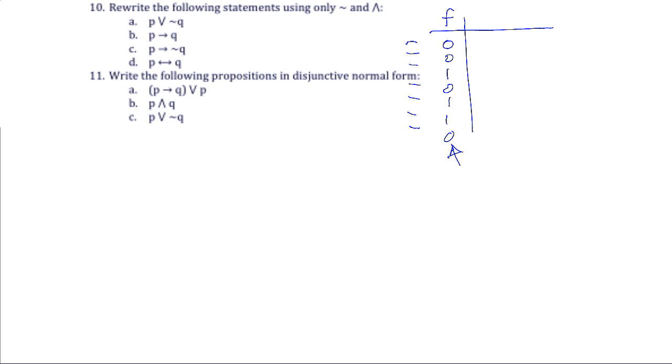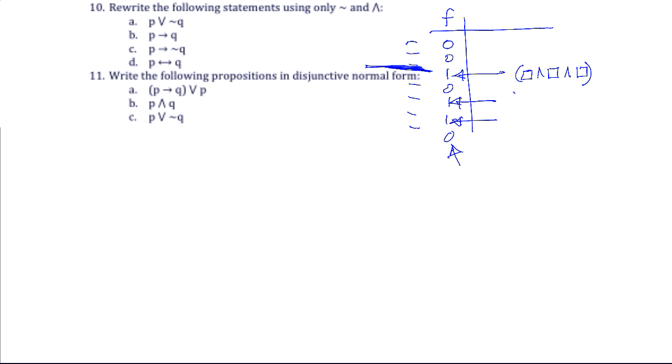Every time you have a 1, you're going to write a term in your disjunctive normal form that has AND statements that force the variables, whether it's P and Q or P and Q and R, to represent that row of that truth table. Okay?